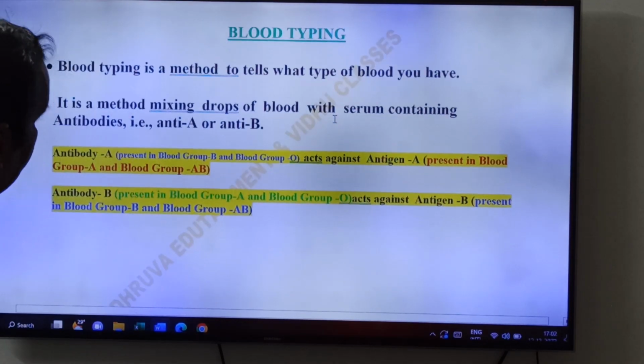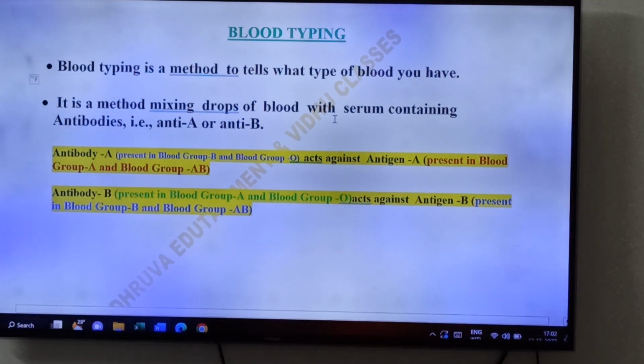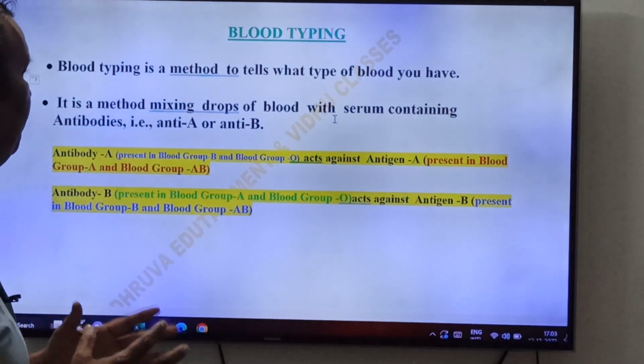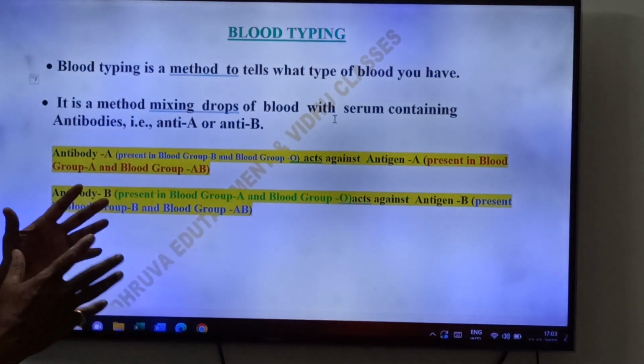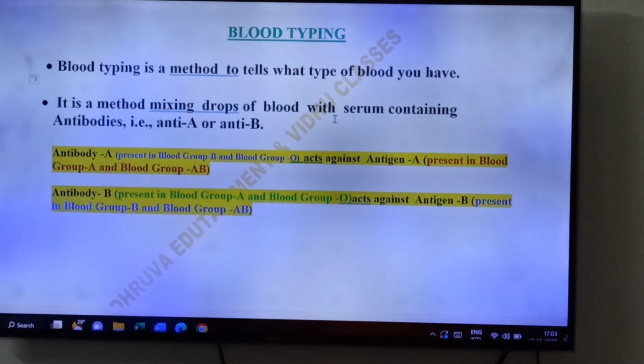Now come to blood typing, friends. What is blood typing? Blood typing is a method to tell us what type of blood we have.